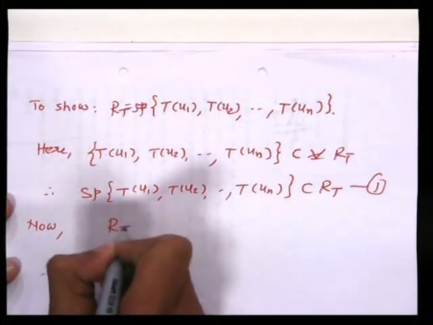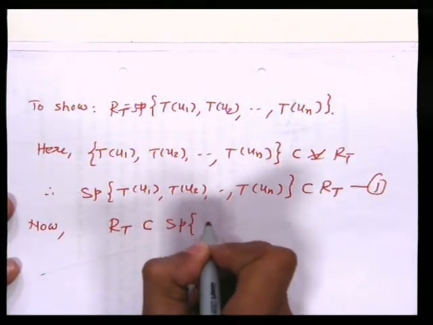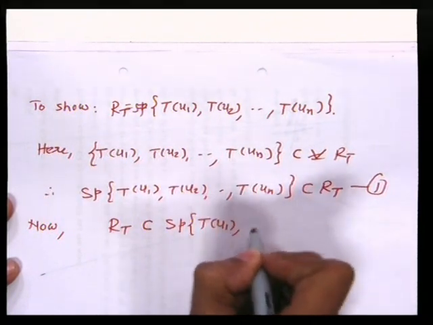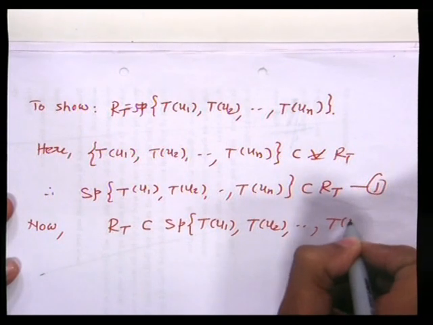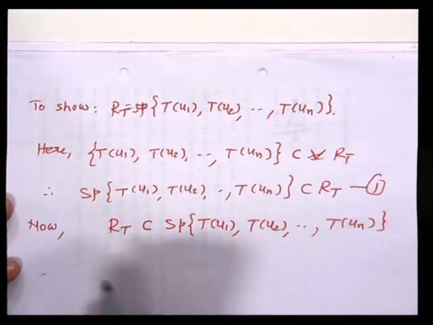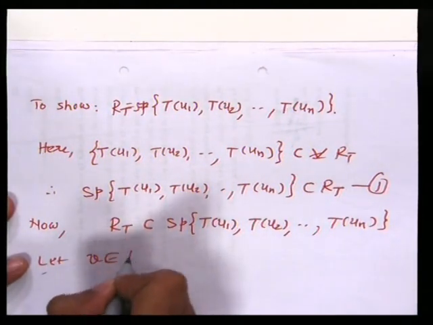Now we show that the range space R(T) is a subset of the span of T(u1), T(u2) up to T(un). For this, let any vector v belong to R(T) at random.